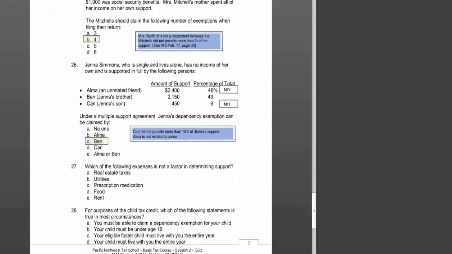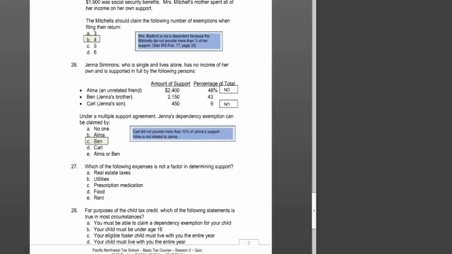So we'll move down to 26. Jenna Simons, who is single and lives alone, has no income of her own and is supported in full by the following persons. Alma, an unrelated friend, provided $2,400, which is 48% of the support. Ben, Jenna's brother, provided $2,150, which is 43%.